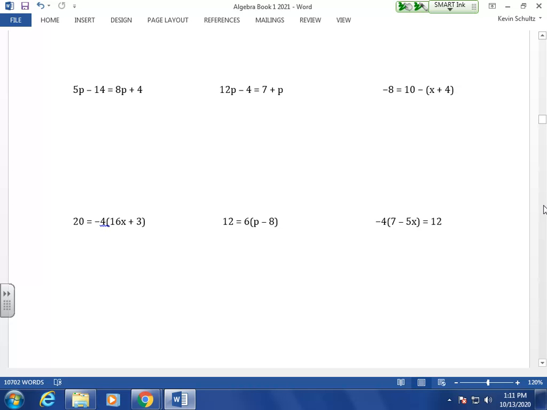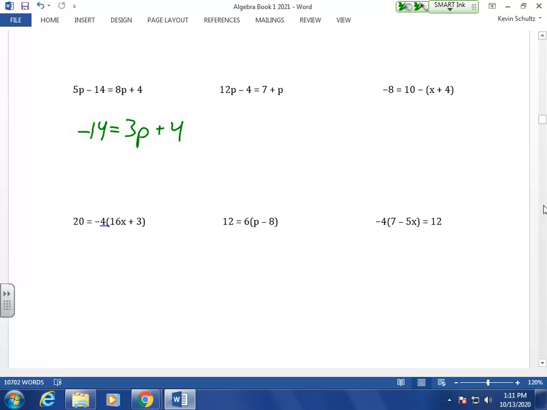Taking a look at this equation, we know there's going to be a solution because we've got a different number of p's on each side. Which side has more, and how many more? The right side has 3 more. So it'd be okay to directly jump to -14 equals 3p plus 4, because the right side has 3 more.